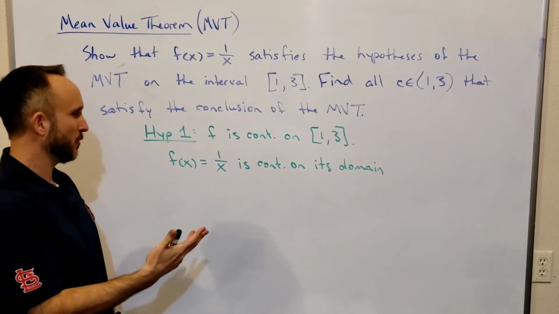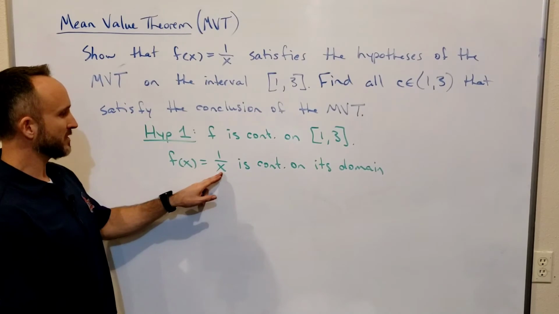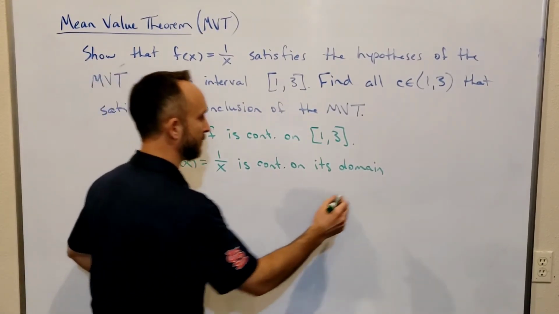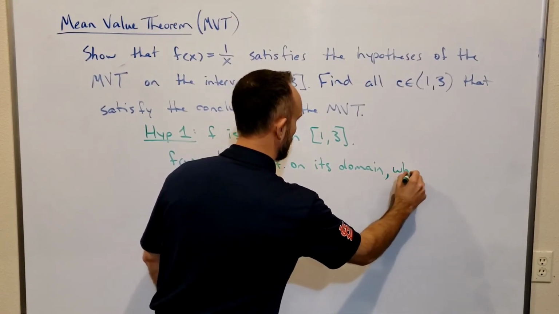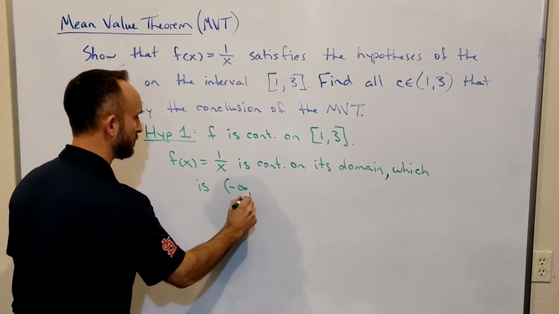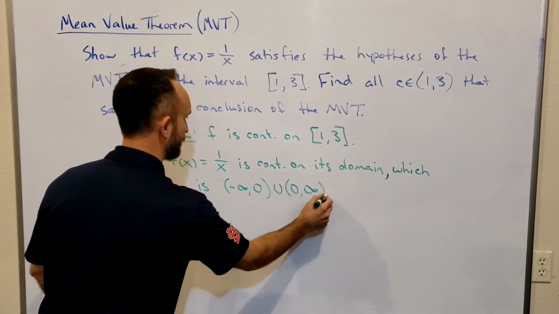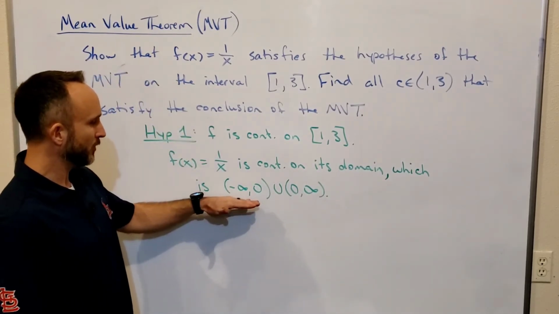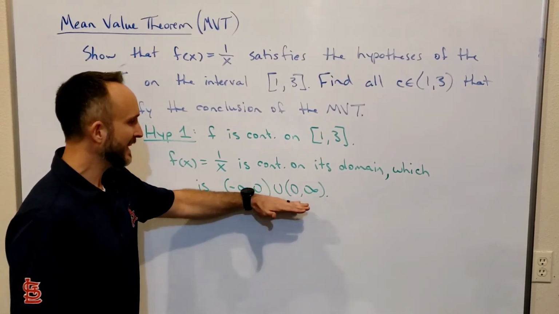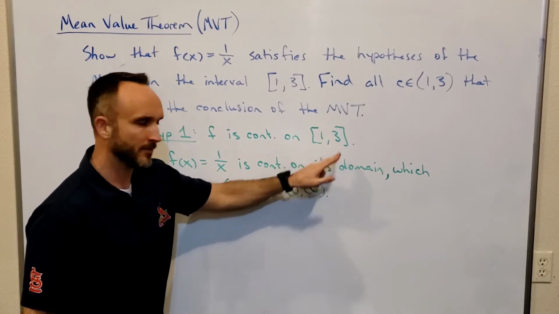It's continuous everywhere it's defined. And this function is not defined at 0, okay? So it's continuous on its domain, which, if we write it in interval notation, is everything up to 0 union everything after 0, okay? And this interval, negative infinity to 0 union 0 to infinity, includes all the numbers inclusively from 1 to 3.